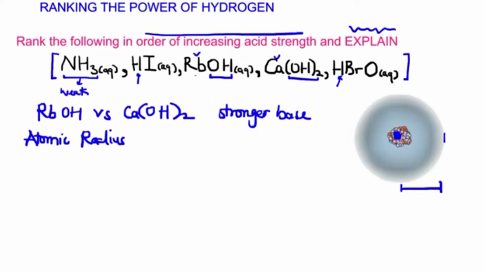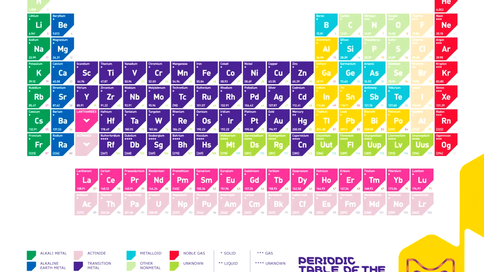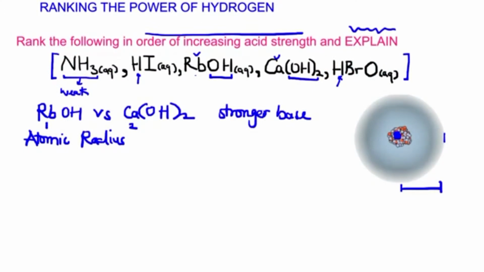Looking at the periodic table, we notice that rubidium is in group 1, however calcium is in group 2, and rubidium is in period 5, and calcium in period 4.